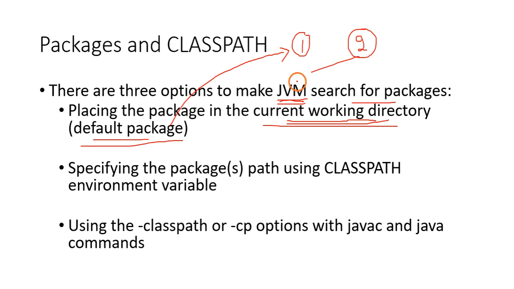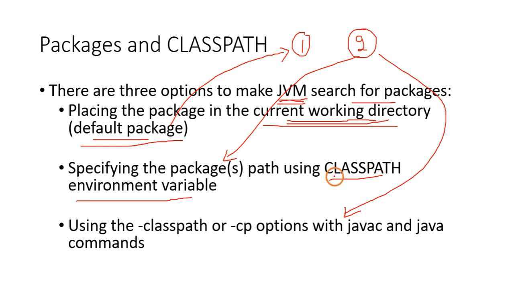Now the second case. If you are storing the packages outside the current working directory, how do you tell the JVM? One is by using the classpath environment variable. There is a special environment variable called classpath. As the name says, you specify the path where your class files are stored or available. This is one way.